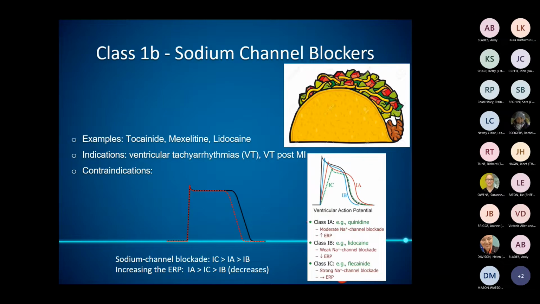As an outpatient, they may be on mexiletine, oral medication as well. And the reason for that is actually out of the sodium channel blockers, class 1B is the least pro-arrhythmic.